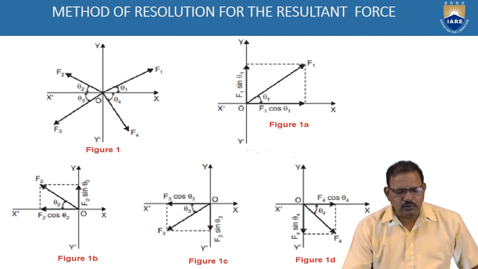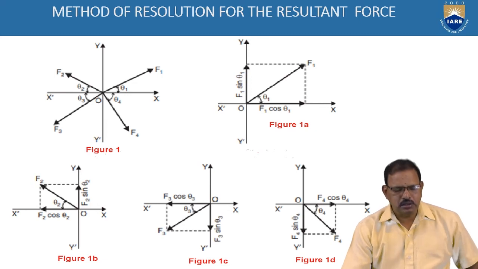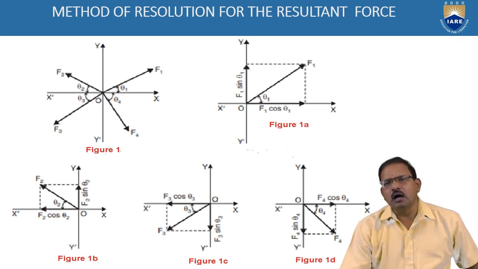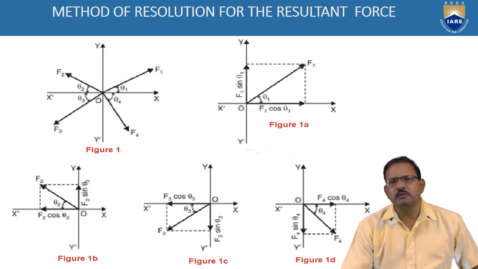Here, four forces F1, F2, F3, and F4 are acting at a point O on a body. According to the principle of resolution, these forces F1, F2, F3, and F4 are resolved into two rectangular components, preferably in the x direction and y direction. For the algebraic sum, generally we consider the forces acting along the x direction toward the right side as positive, that is the positive x direction, and the negative x axis is treated as negative.